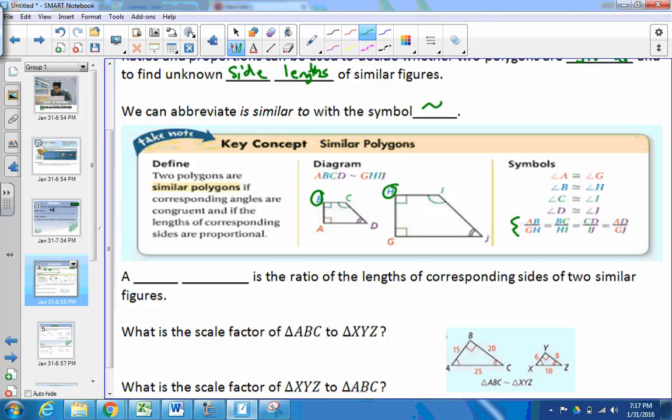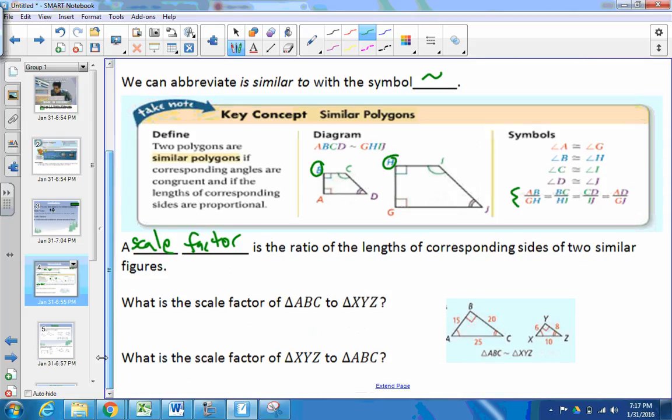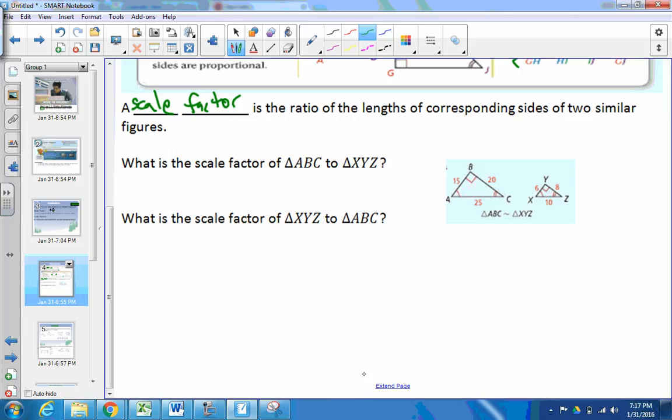All right, so scale factor, that's what we just talked about. A scale factor, bringing it back again, is the ratio of the lengths of corresponding sides of two similar figures. So if we look at this, it says what is the scale factor of triangle ABC to triangle XYZ? So we're going to do the second one over the first one, going from the bigger to the smaller.